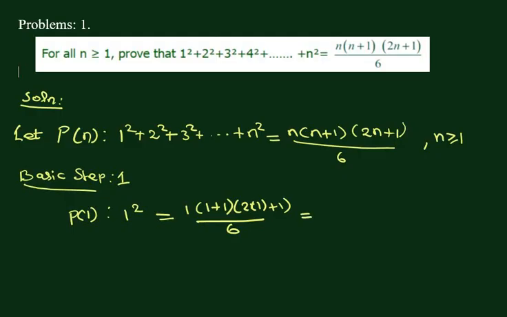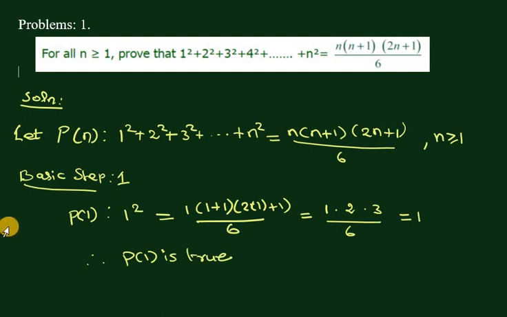So this is equal to 1 into 2 into 3 divided by 6. Exactly, it is equal to 1. That is, the left hand side is 1 and the right hand side is also 1. Therefore, we can conclude P of 1 is true.